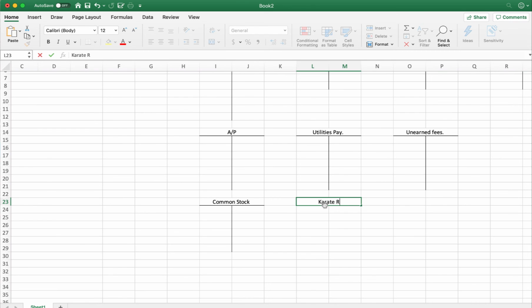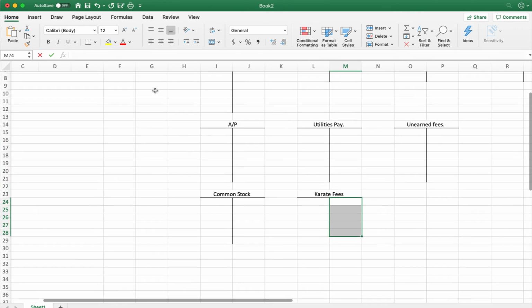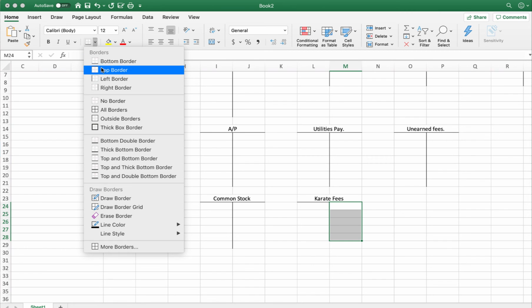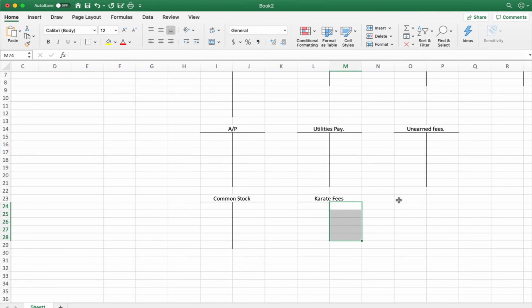Now, I'm going to say karate fees here. There's a big difference between unearned fees and fees, right? The fees are examples of our revenue. It's something that we've earned, and we recognize that revenue.